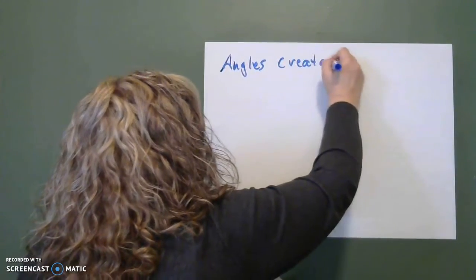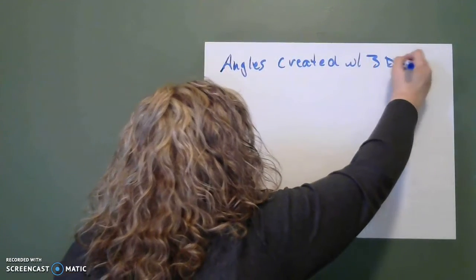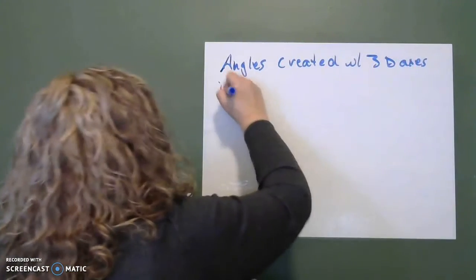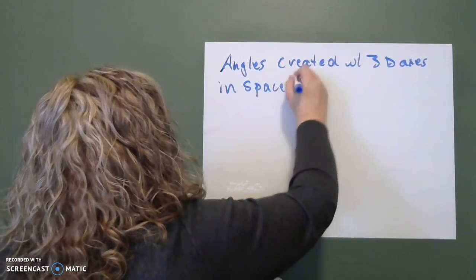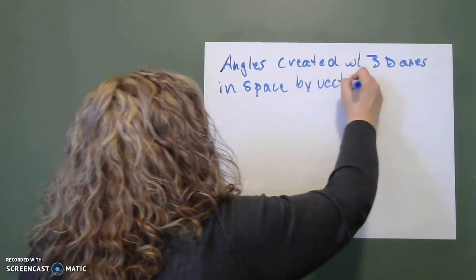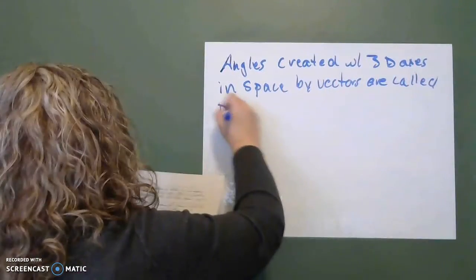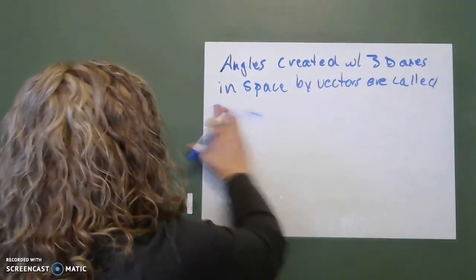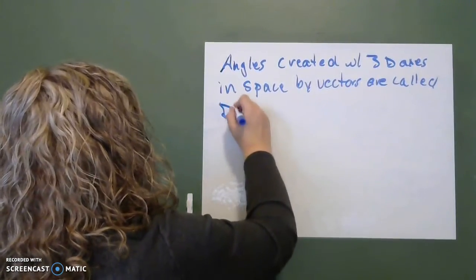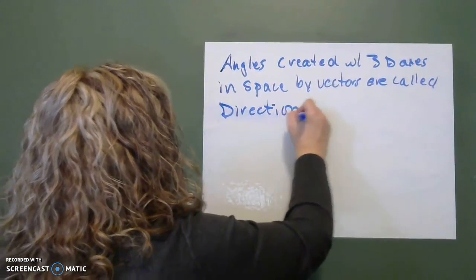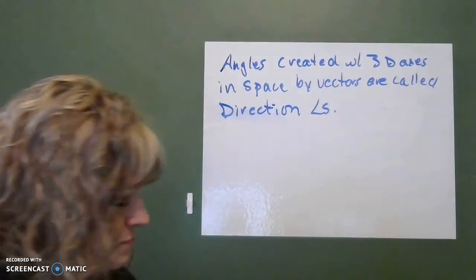created with 3D axes in space by vectors are called direction angles. Okay?